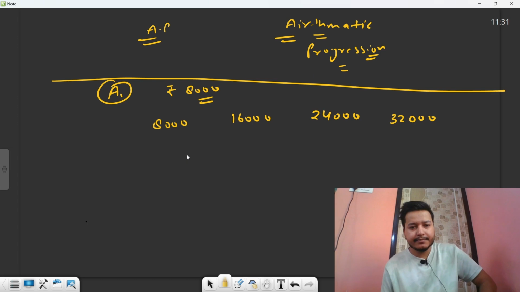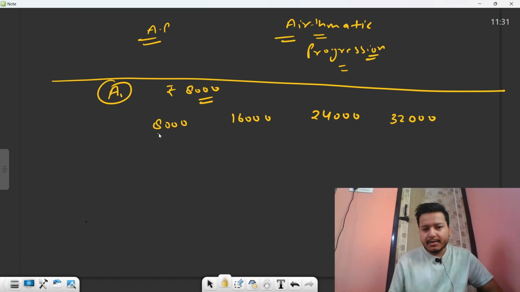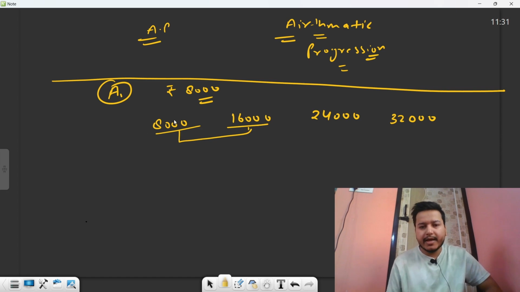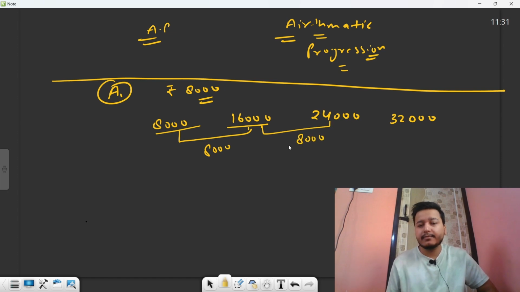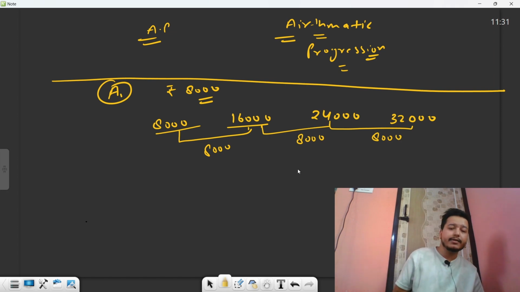So now, if we see these numbers, we will see a certain pattern. The pattern is that there is a fixed gap between two numbers. What gap is between 8,000 and 16,000? There is a gap of rupees 8,000, right? And what is the gap between 16,000 and 24,000? The gap is again 8,000. Now, what is the gap between 24,000 and 32,000? There is again a gap of rupees 8,000, right?